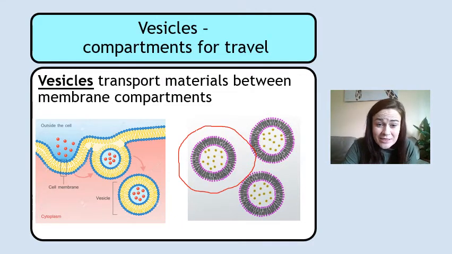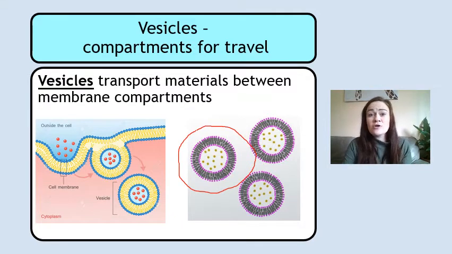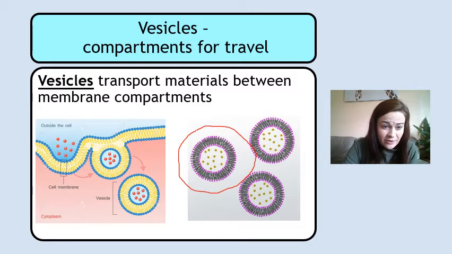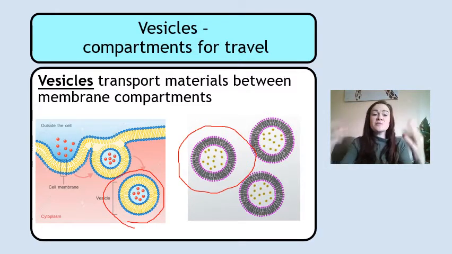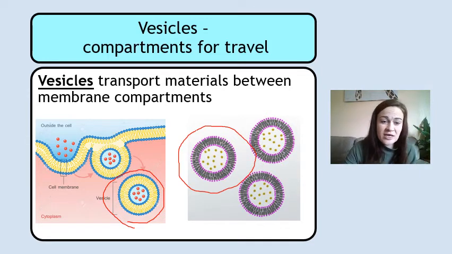What's inside the vesicle will be the protein or the lipid that the Golgi apparatus has finished packaging. Now if you look at the other diagram, this is an example of a vesicle that is moving towards the cell membrane to release a protein outside of the cell.